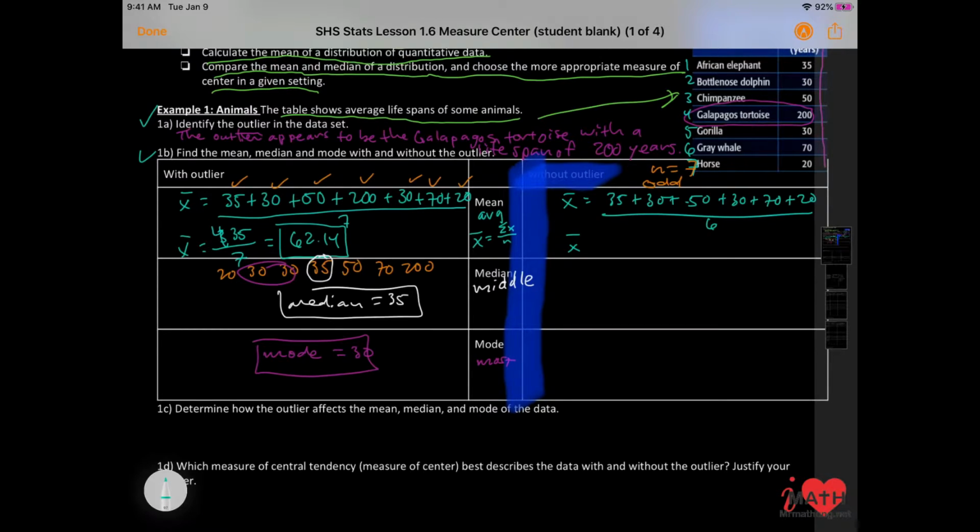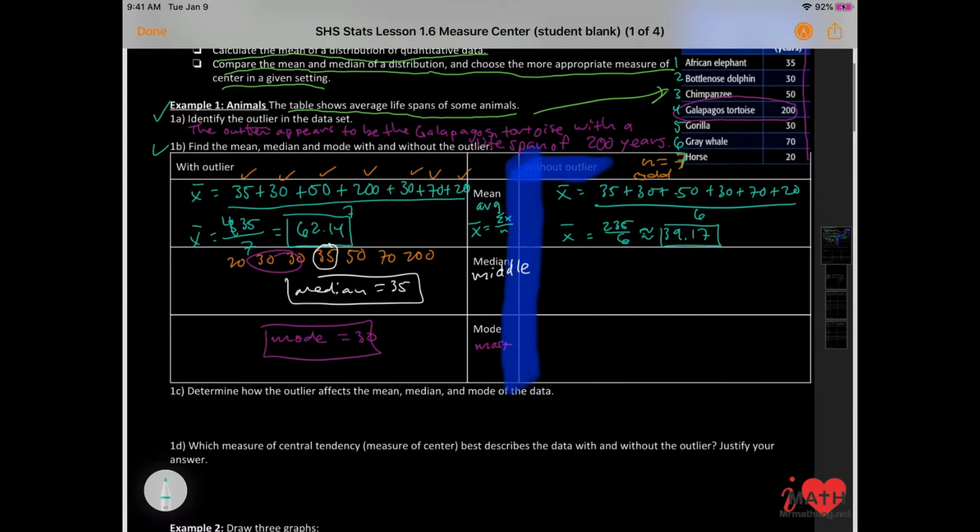I got 235 divided by 6, and that gives me approximately 39.17. Okay, so that's our average.